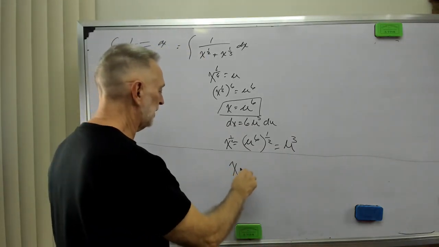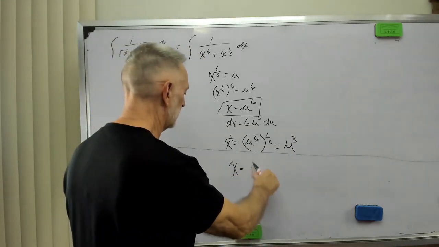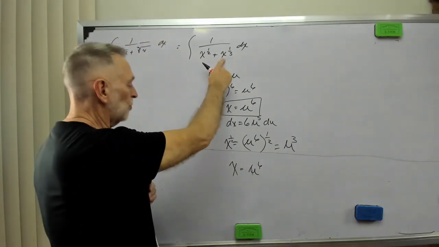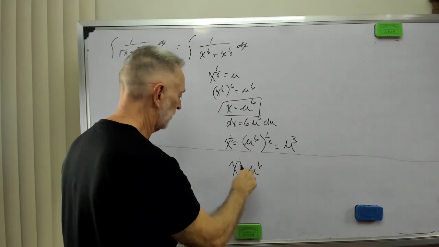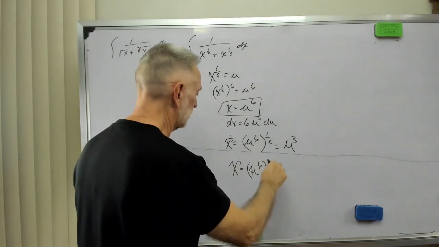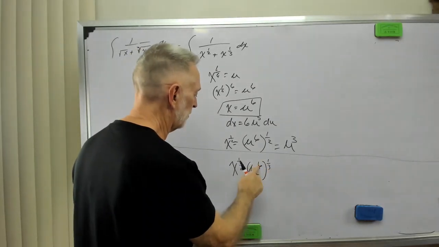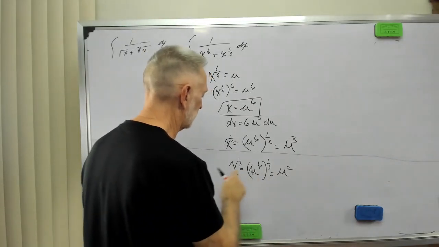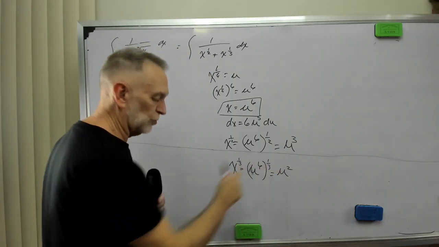If I repeat that same process, x to the 1/3, if I raise u to the 6 to the 1/3, I now have 6 over 3, and that becomes u squared. So x to the 1/3 is u squared.